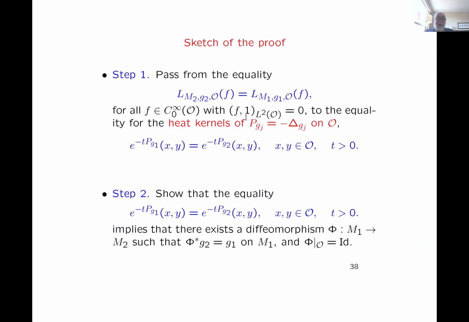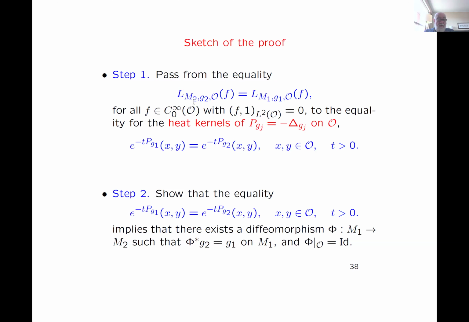So one first proves that if the Dirichlet to Neumann maps for the fractional anisotropic case agree, then the heat kernels for the two metrics in the open set must be the same for all t.